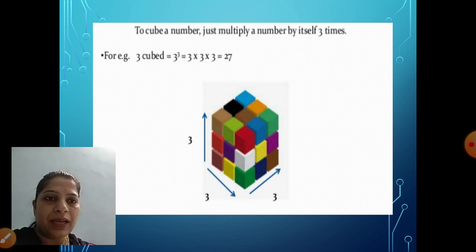The power 3 is called the cube. Power 2 is called the square. So when any number has an exponent 3, it is called the cube. To cube a number, just multiply the number by itself 3 times. For square we multiply 2 times, and for cube we have to multiply 3 times.